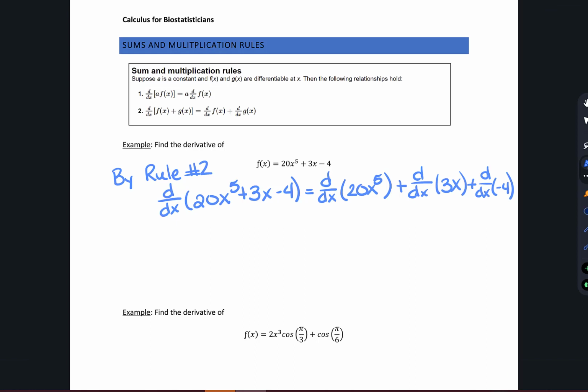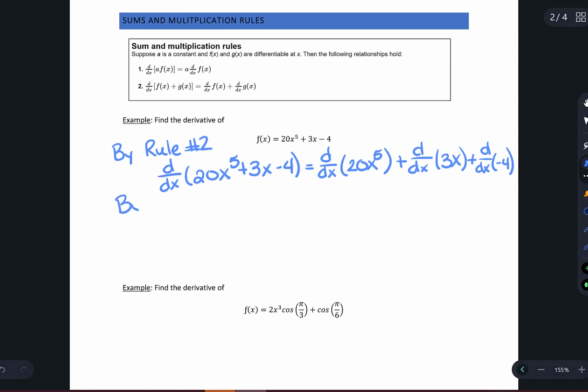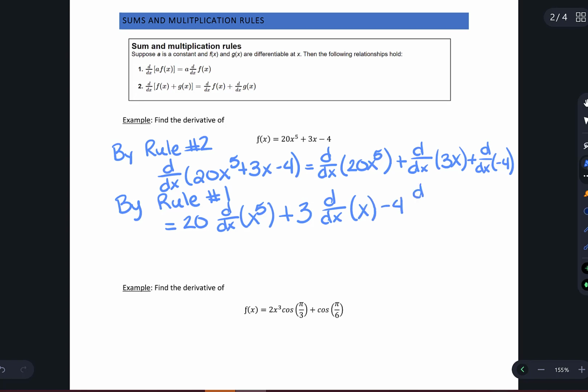Now next, by rule number 1, I can pull all of those constants out. So this is going to be equal to 20 times the derivative with respect to x of x to the 5th power plus 3 times the derivative with respect to x of x minus 4 times the derivative with respect to x of 1.